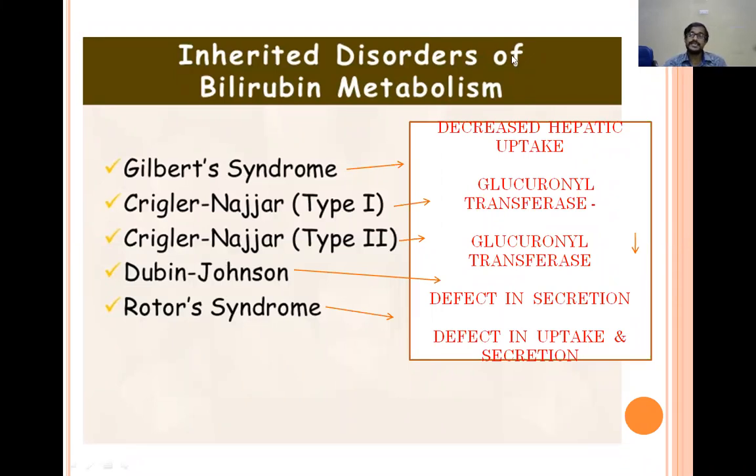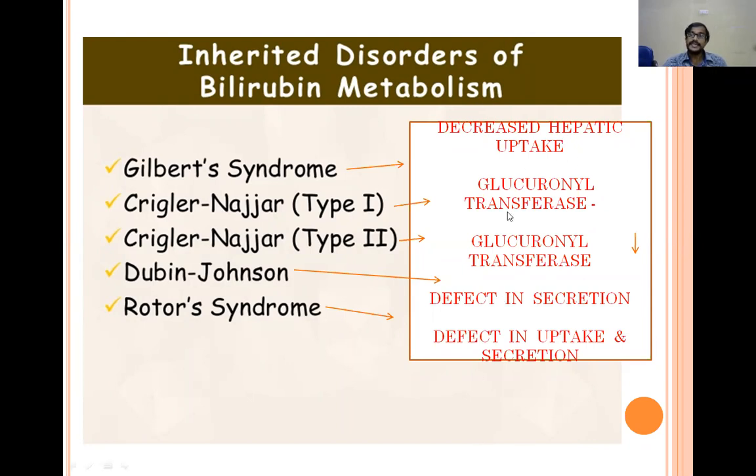In all the cases, finally the bilirubin will be accumulated. The defect can be at the stage of uptake, or in any enzyme during conjugation. Glucuronyl transferase is the enzyme required for conjugation. The defect can be in conjugation, in secretion, or in both. In any case, finally the bilirubin will be increased, which leads to hyperbilirubinemias.